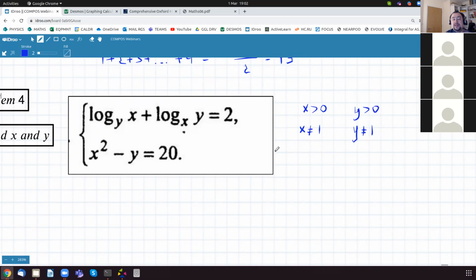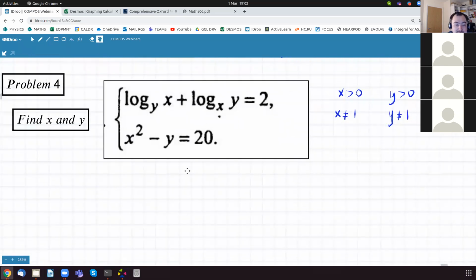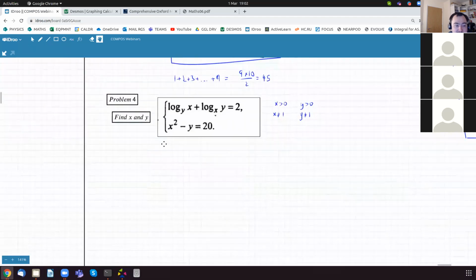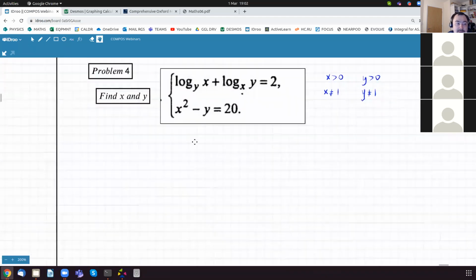My advice to you, whenever you do a task, start with this: the possible values for x and y. You don't have to do it for easy questions, but for harder questions, it makes life easier.